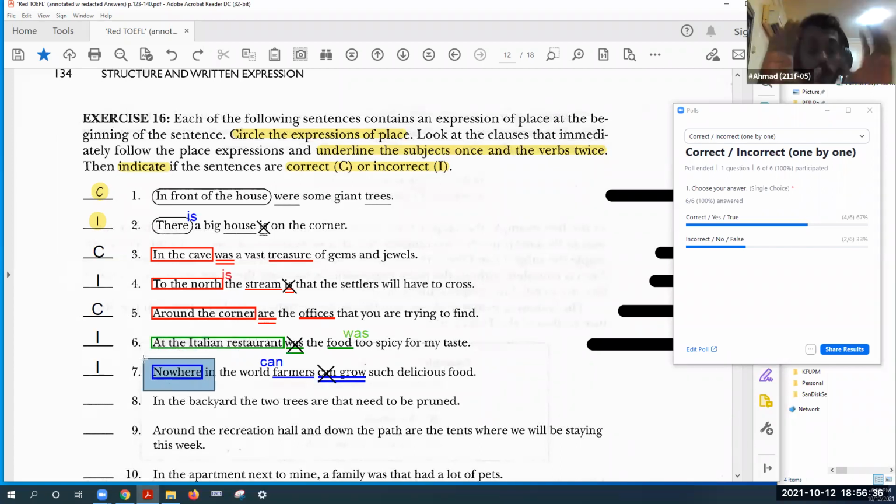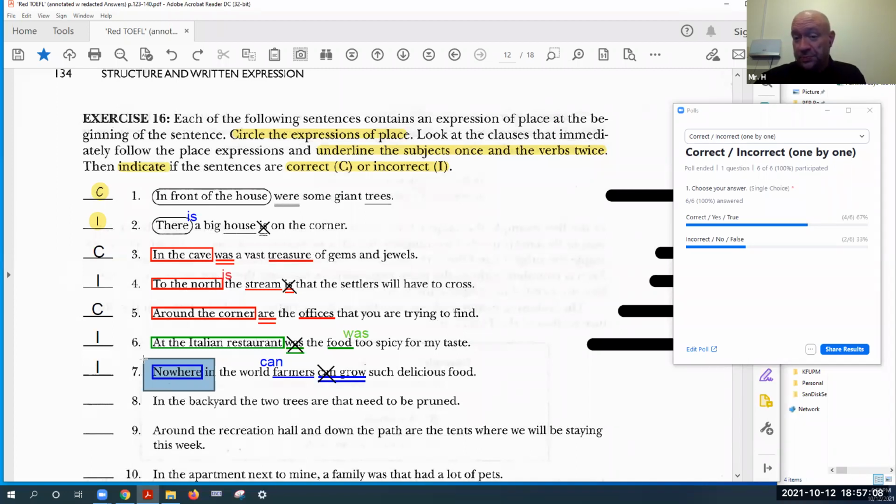If "in the world" was at the beginning of the sentence, like "In the world, farmers can grow such delicious food," then this idea is complete.